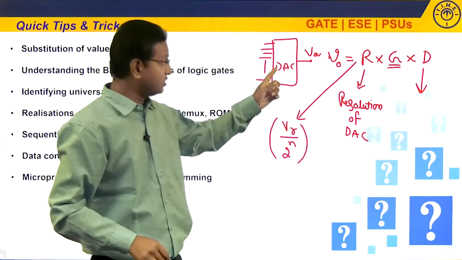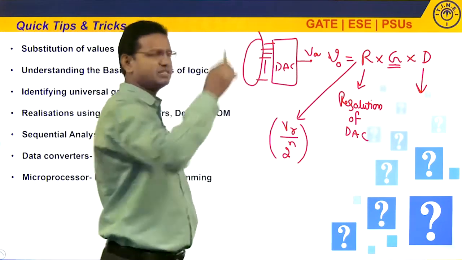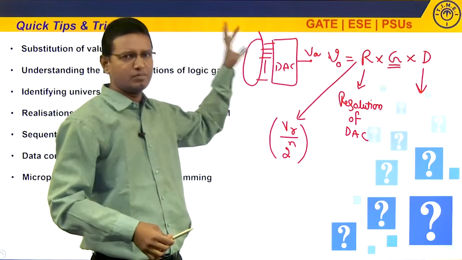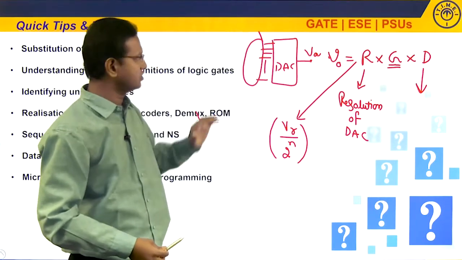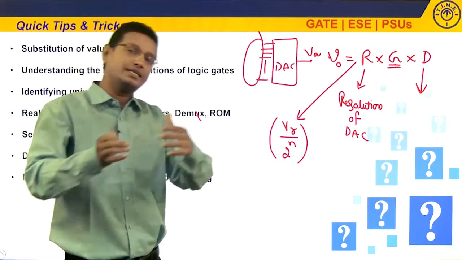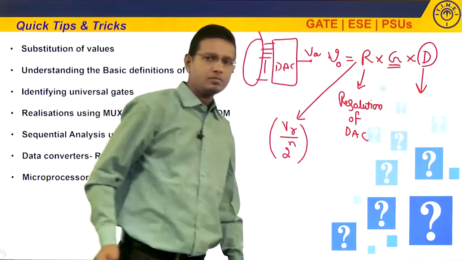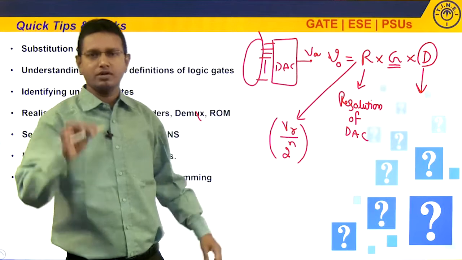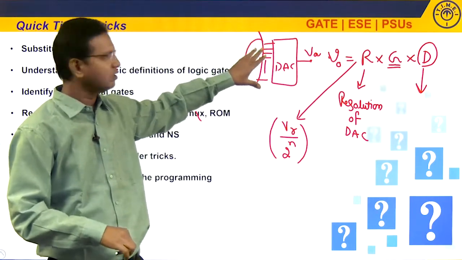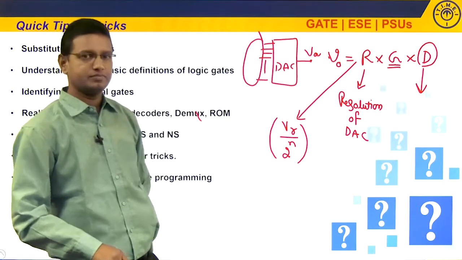Since it is a digital to analog converter, a digital input is given, which is basically a binary input. One terminal can be considered as 1 bit. From one terminal I give 1 bit, from the second terminal the second bit, and so on. This digital input, if you put it in decimal value, is called D.